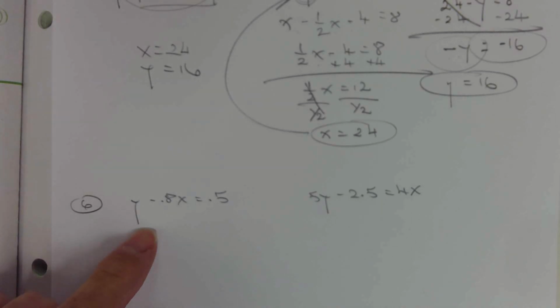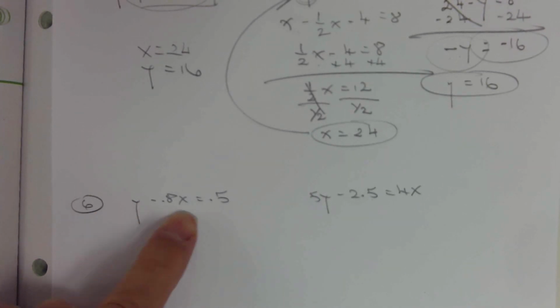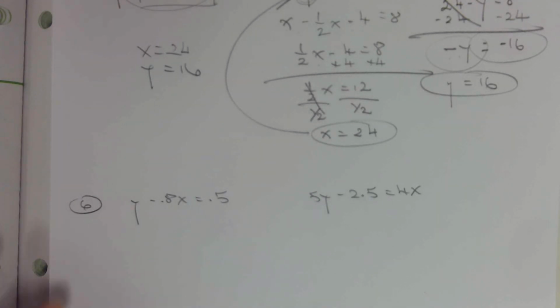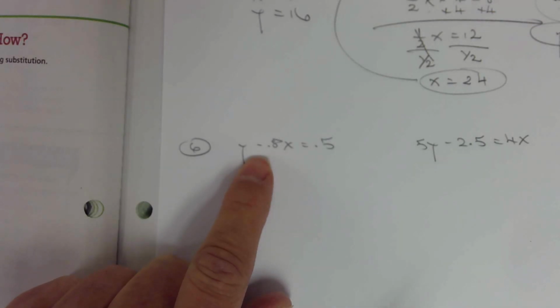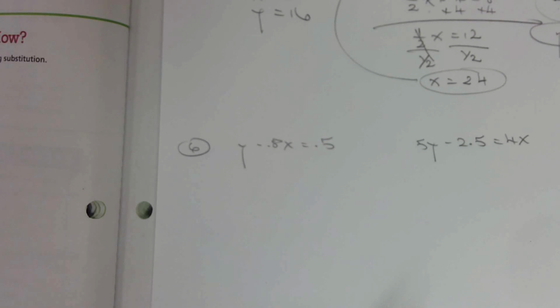This is set up kind of the same way as number 4. Here we know what y is. Is that a y equals? No, I'm sorry, I take that back. That's just y minus 0.8x. I was thinking it was y equals, so we need to figure out what we want to substitute.